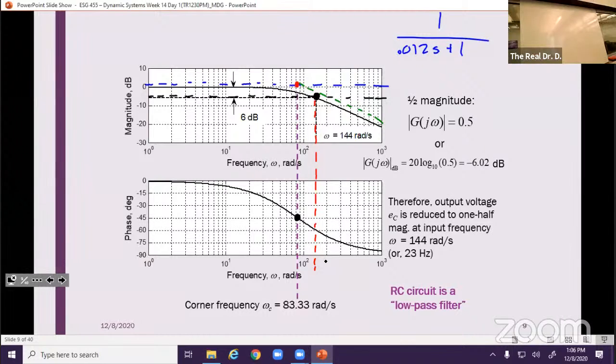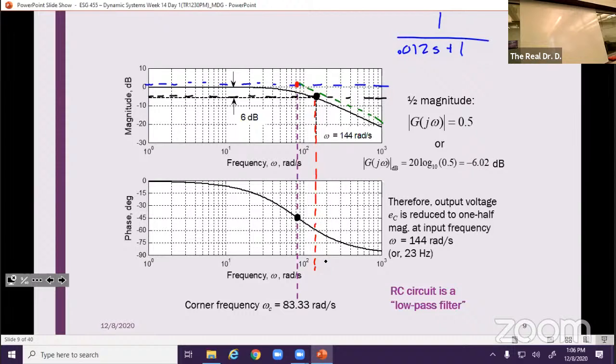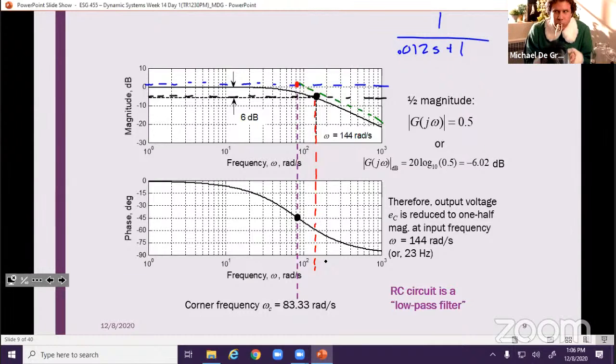Well, at low frequencies, it allows us to keep any signal from being attenuated. But once we hit the break or the corner frequency, we start to get attenuation of our signal. So things that happen at high frequencies get attenuated, or go away, essentially. The amplitude goes away. Things that happen at low frequency maintain their integrity, right?